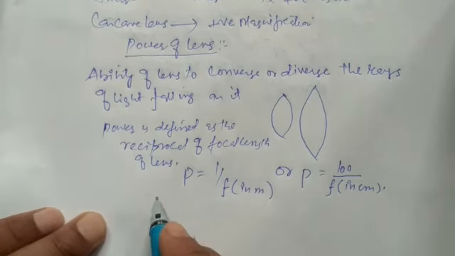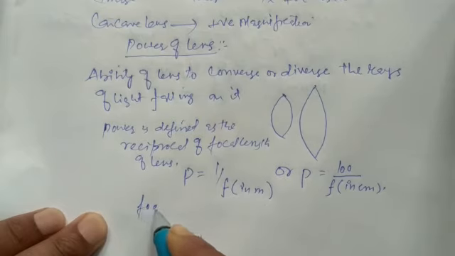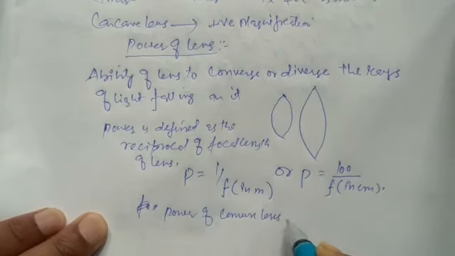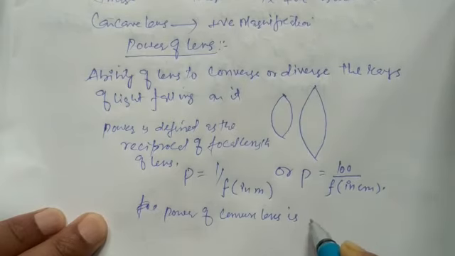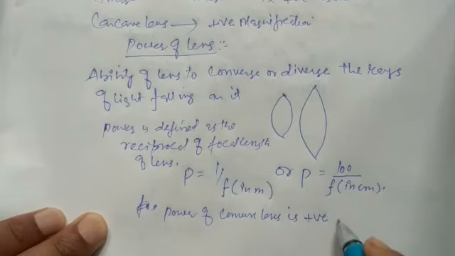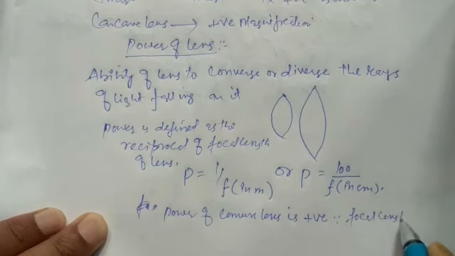So power of convex lens is what? Positive, because its focal length is positive.